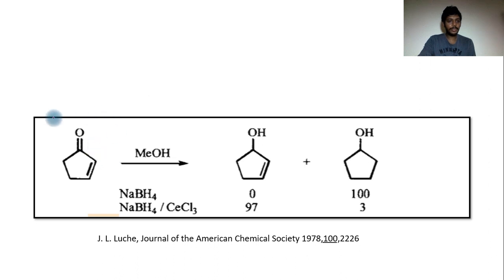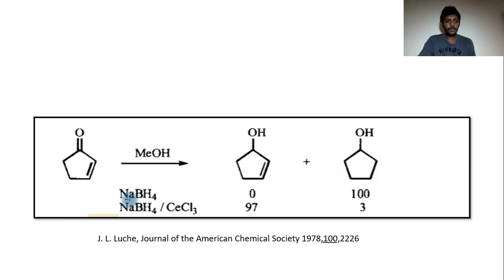Let's take this example. This is the alpha beta unsaturated ketone, which is the reactant. We are adding sodium borohydride in the presence of methanol. If we add this alone, both groups are reduced: the C=O is reduced to alcohol, and the double bond is also reduced to a single bond.